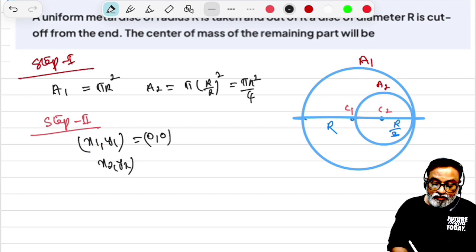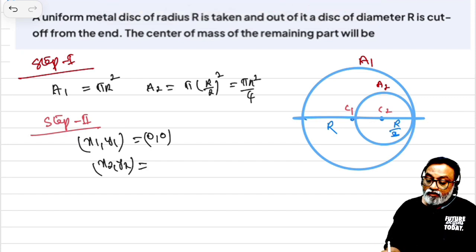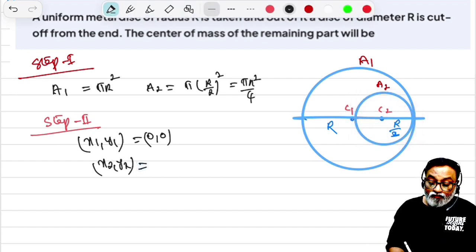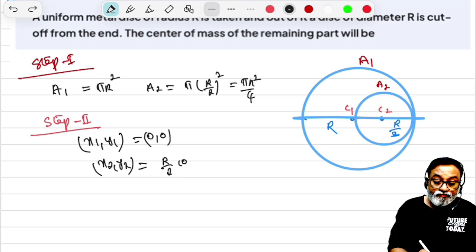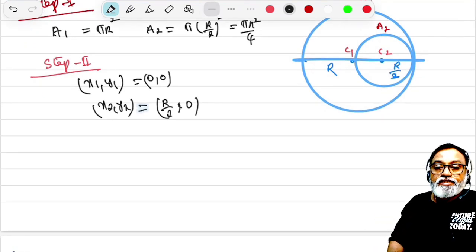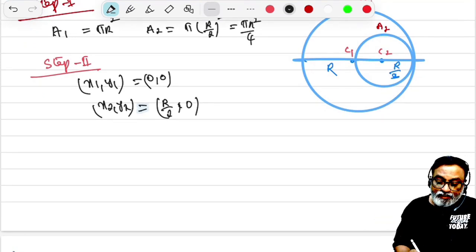This is C1, this is C2. Then x2 y2, these are the coordinates of the removed part. This is the removed part. Here the center of mass is this one. This distance from the origin is r by 2. Therefore, r by 2 comma 0. Therefore, the center of mass is along the x-axis only, one coordinate, that is xc. That is step 3.